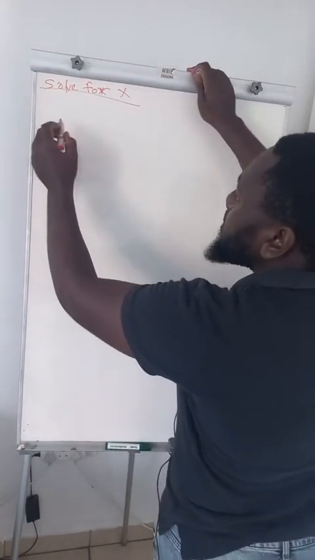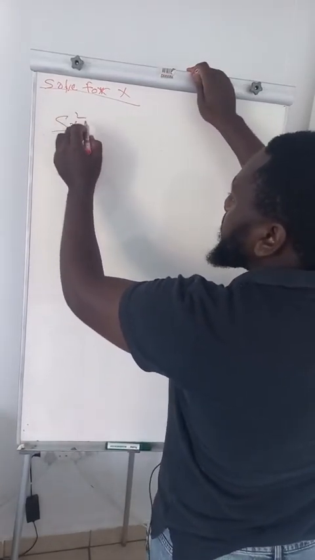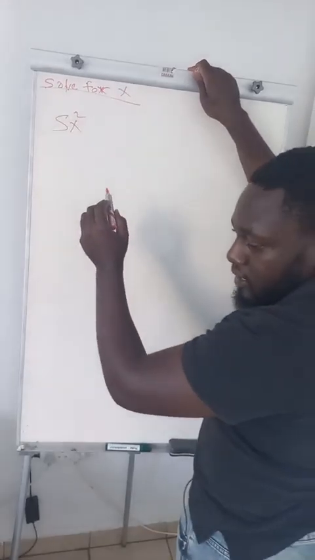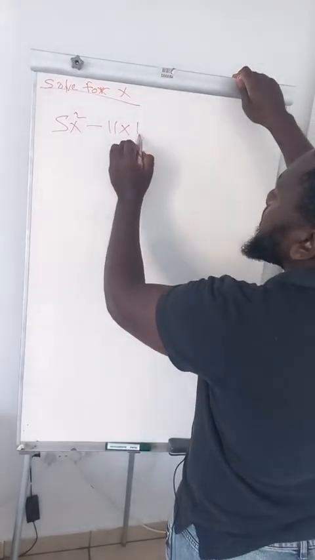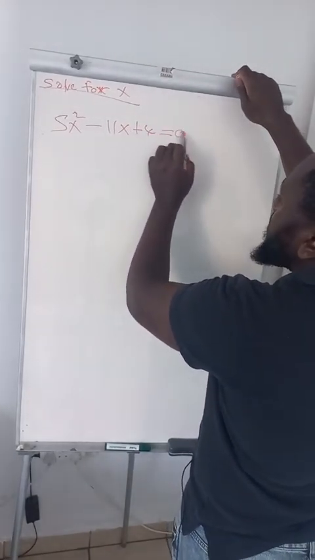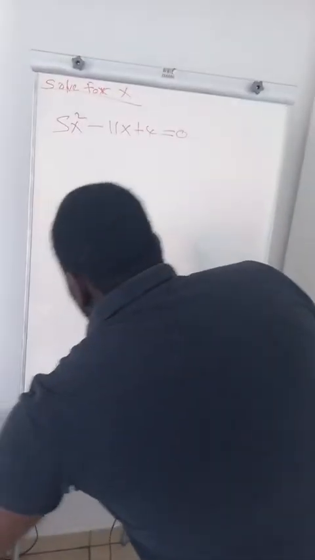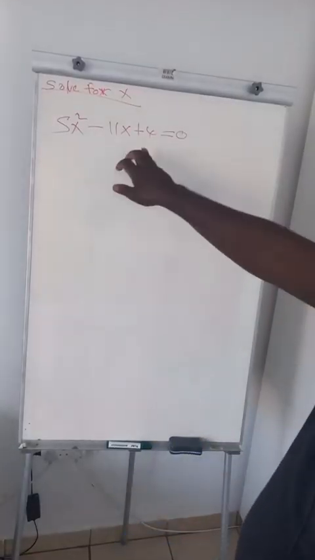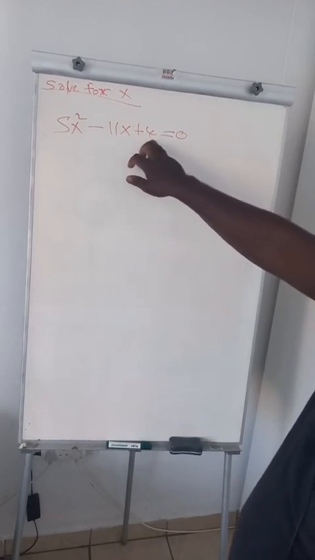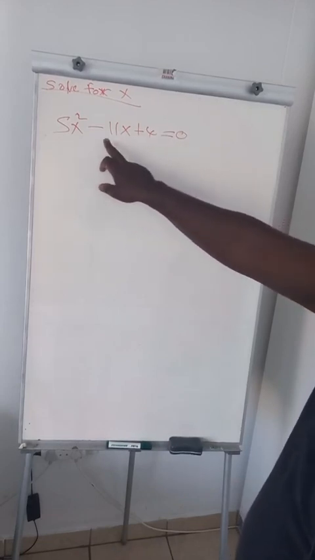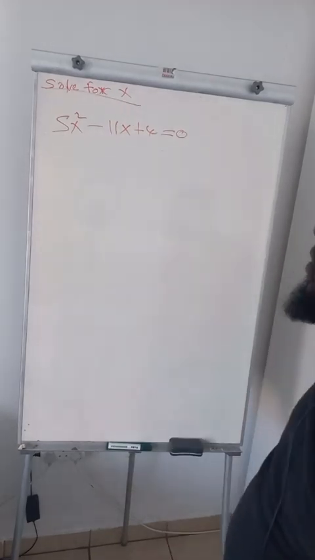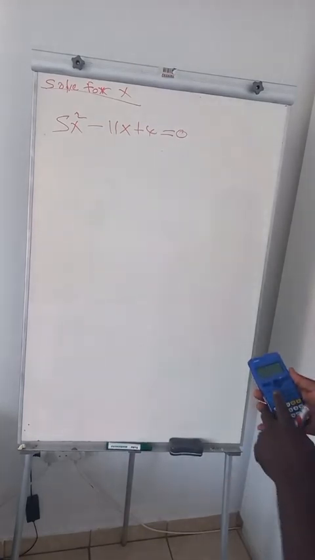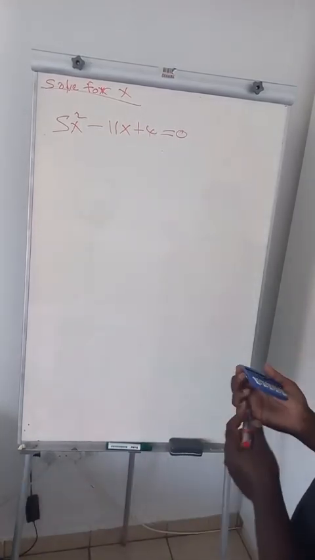So you'll get maybe something like 5x squared minus 11x plus 4 equals 0. Maybe before you even start, you can see that there are no factors which when you multiply them together give you 4, but when you add them give you negative 11, even though this 5 is there. Do you see that?